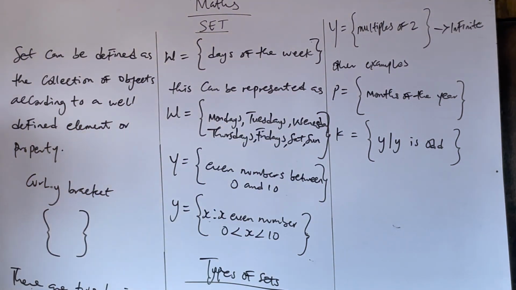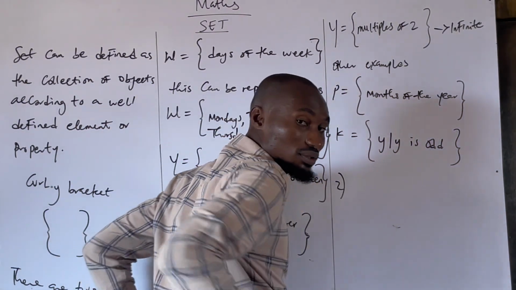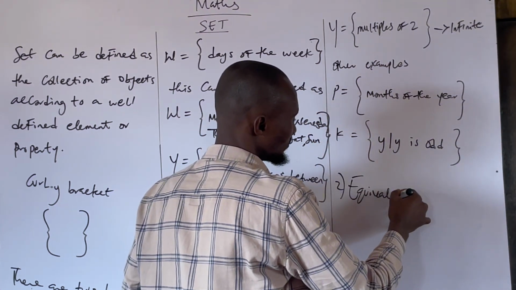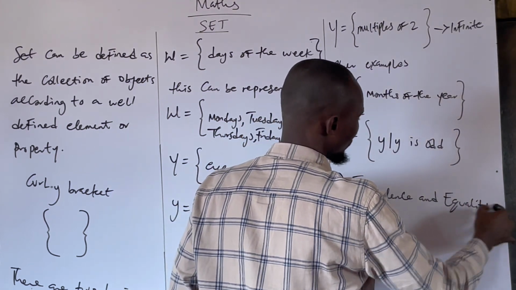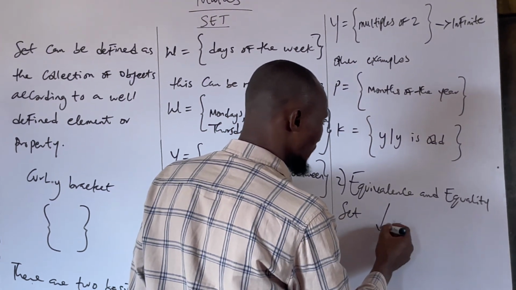So another type of set we have is what we call equivalence and equality sets. Number two. Now let's talk about this one first: equivalence.